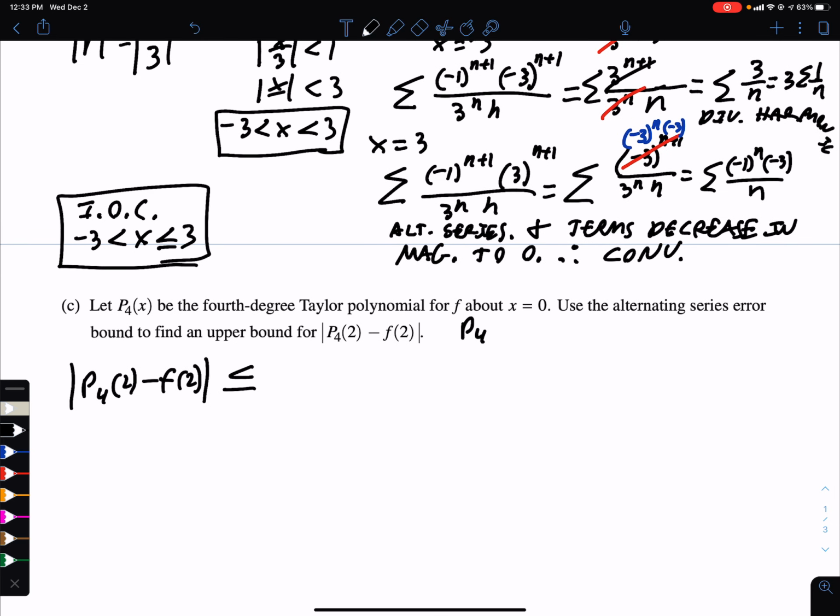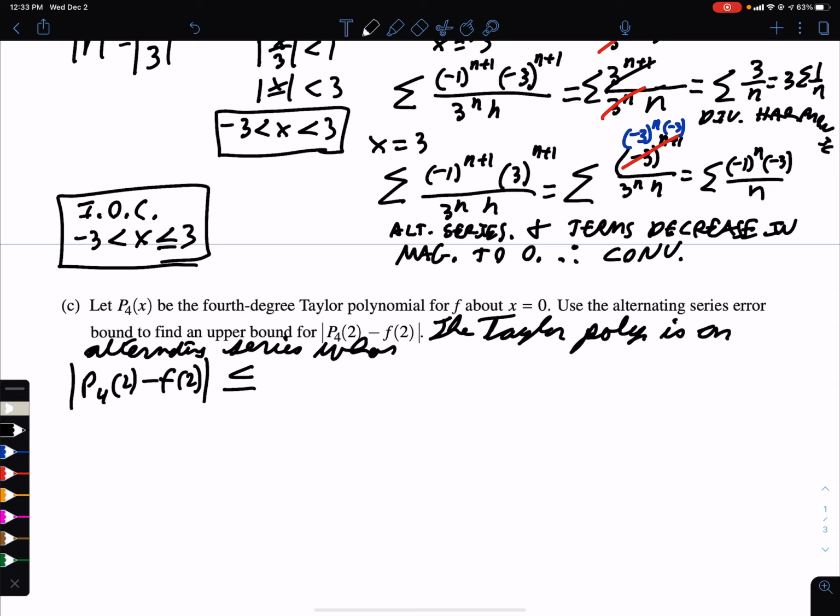The Taylor polynomial is an alternating series whose terms decrease in magnitude to 0.